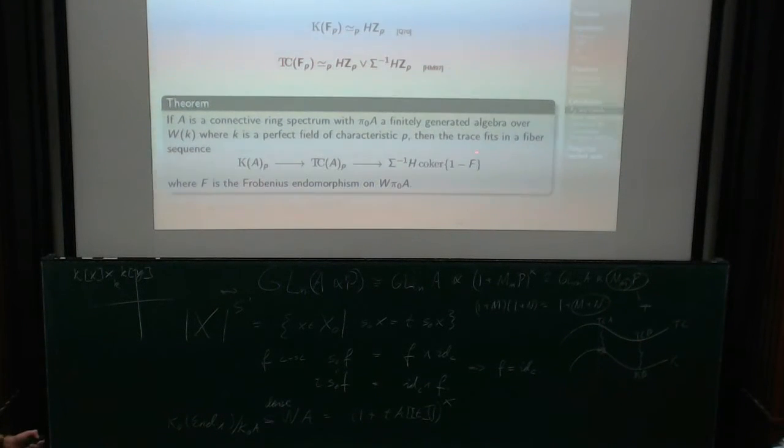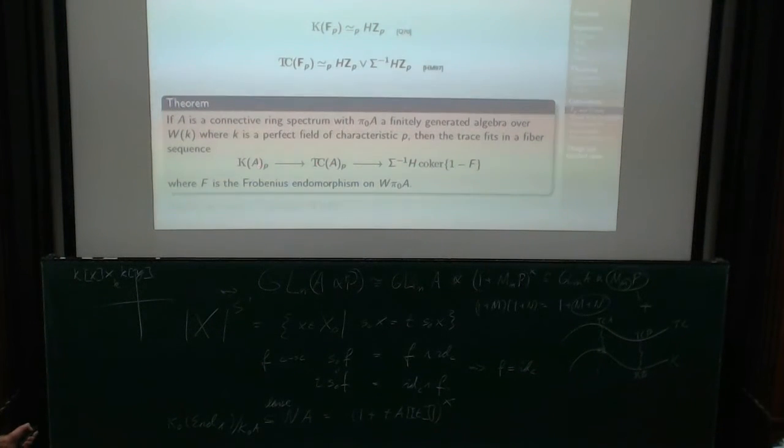And so this term here looks scary, but it's, of course, the non-scary part. It's one suspension of an Eilenberg-MacLane spectrum of a single abelian group, the cokernel of 1 minus F, the Frobenius endomorphism on the Witt vectors of pi naught of A. So that is just one single group sitting in degree -1.